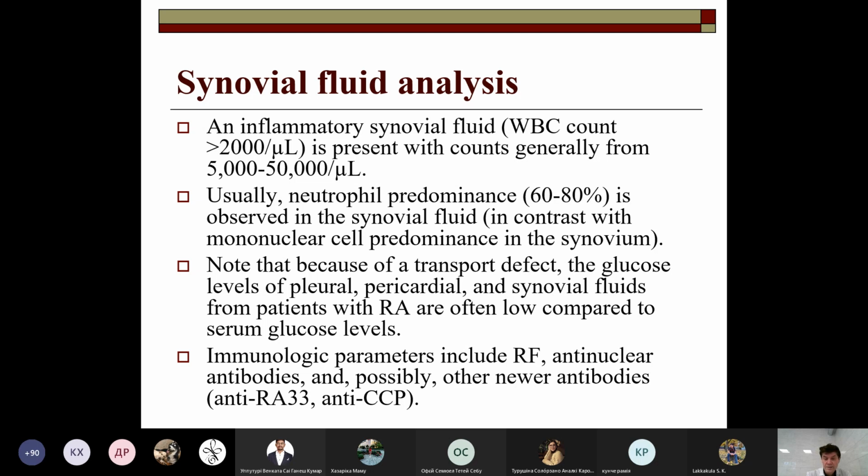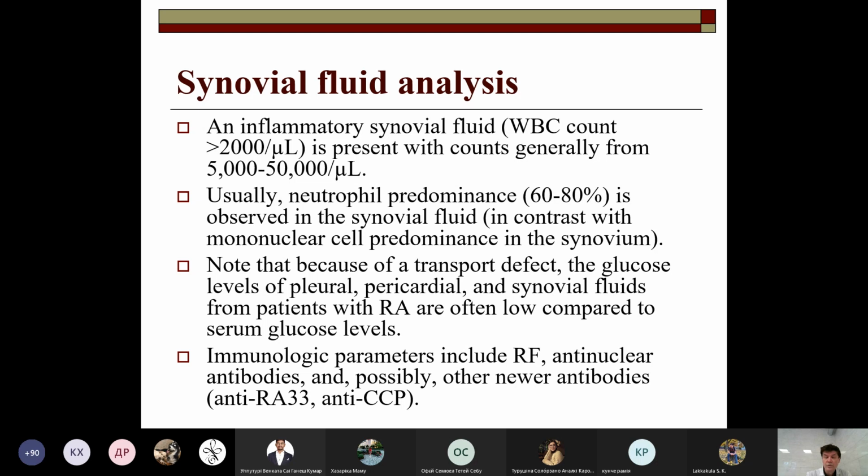Note that because of a transport defect, the glucose level in pleural, pericardial, and synovial fluids from patients with rheumatoid arthritis is often low compared to serum glucose levels, frequently twice as low as the circulating level, for instance, 4.4 millimole per liter in peripheral blood and 2.2 in synovial fluid.